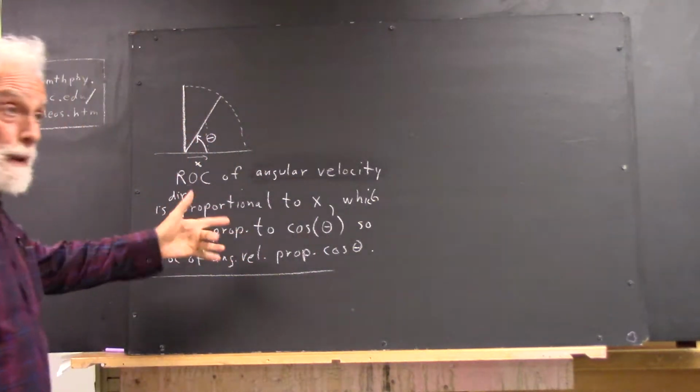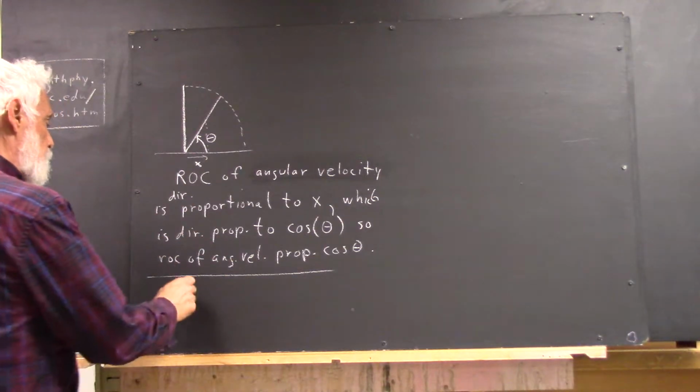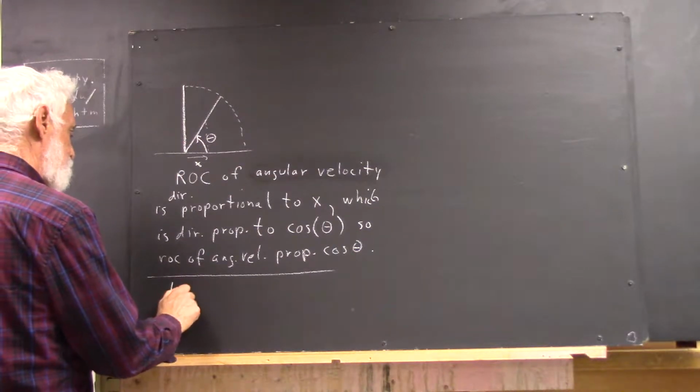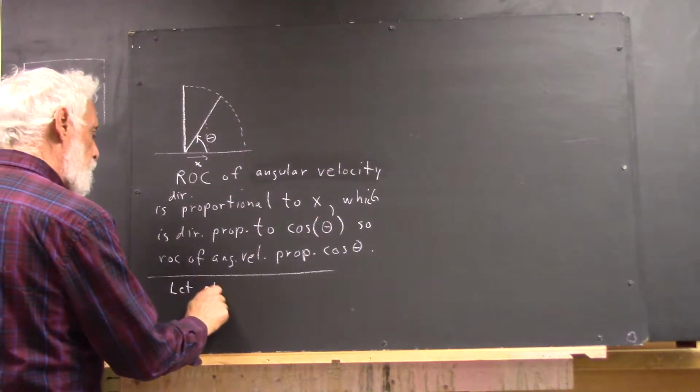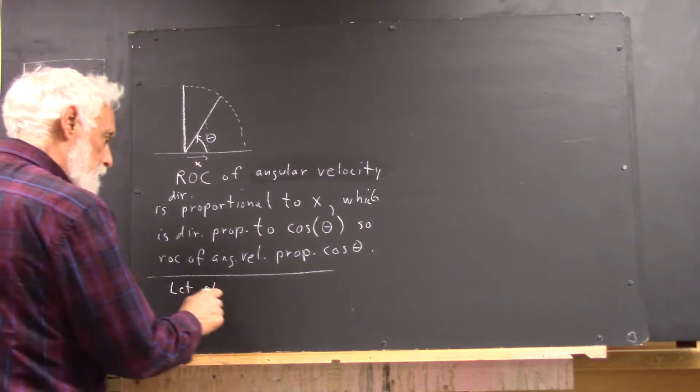Okay, now, again, my point here is that you have a proportionality, so conclusion, first of all, I'm going to let alpha, it's not a real good looking alpha, but we'll use it.